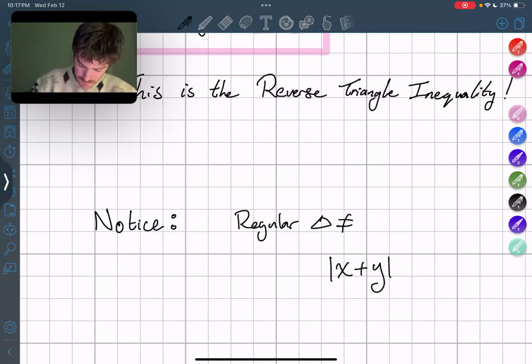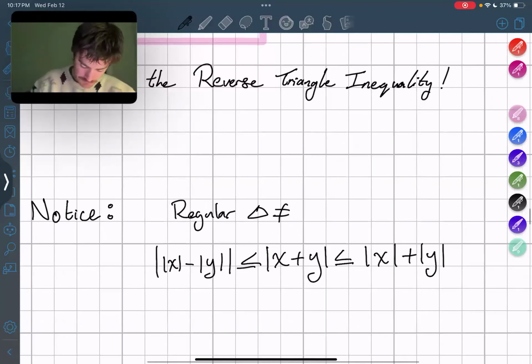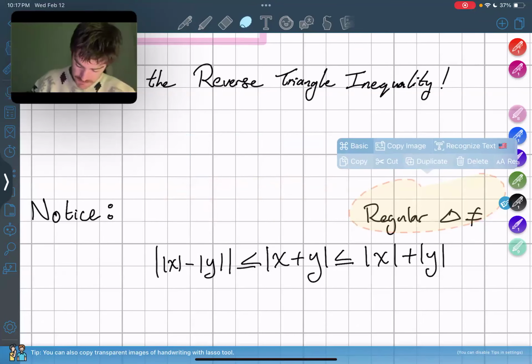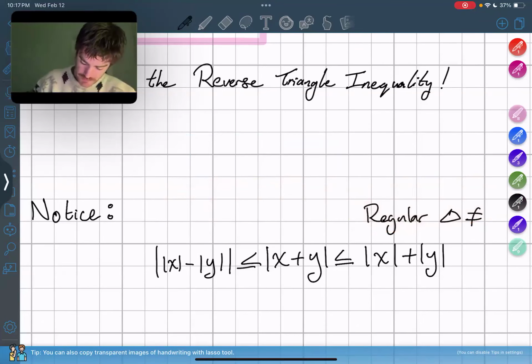We also know that it is greater than or equal to, I'm going to write it backwards here, the absolute value of x minus the absolute value of y. So actually this right here is the regular, and then this right here is the reverse.